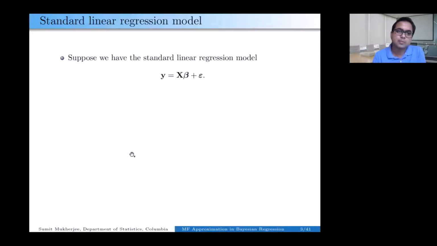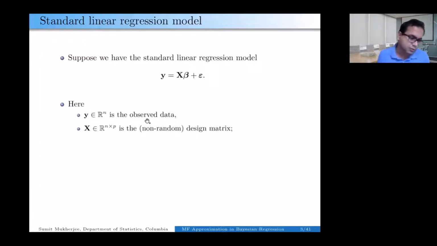Okay, so what is the problem that we want to study? The problem at hand is something that we are very familiar with as statisticians. It's the usual high dimensional linear regression model. So you have y equals x beta plus epsilon. y is a vector in R^n. X is your design matrix, which we are going to assume to be non-random.